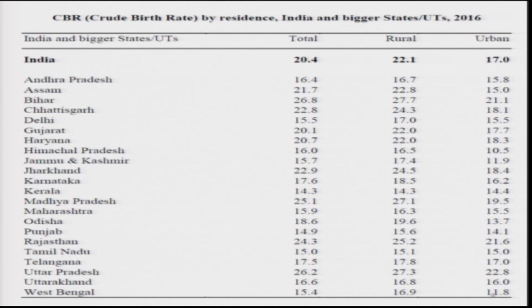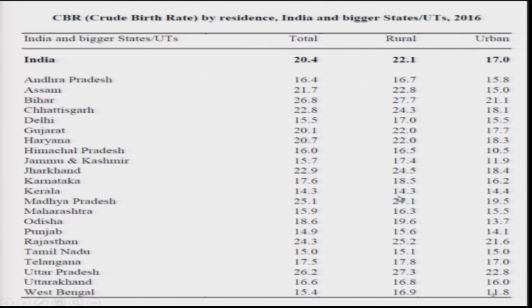Kerala is a state which has pioneered in fertility and family planning. Lowest fertility in terms of crude birth rate, in terms of total fertility rate, in other measures of fertility, you find that figures for Kerala are the lowest.